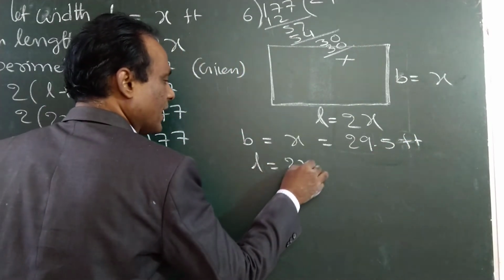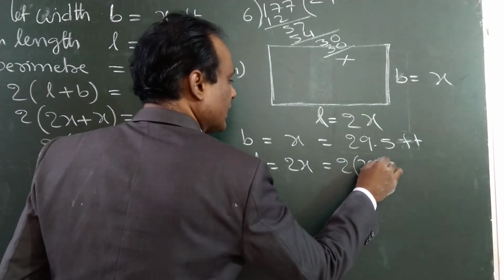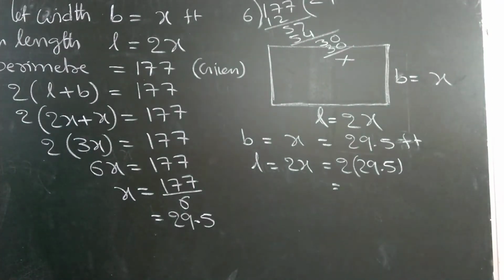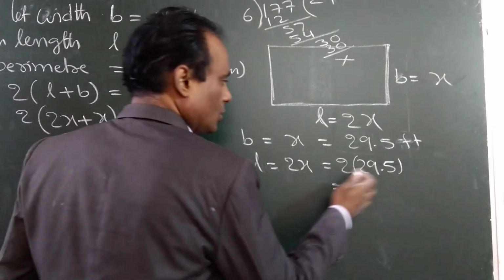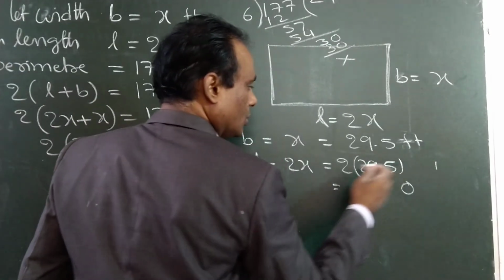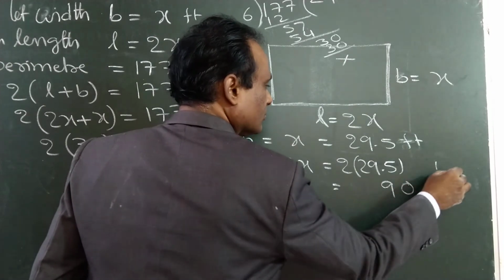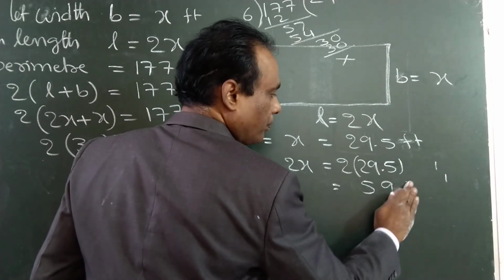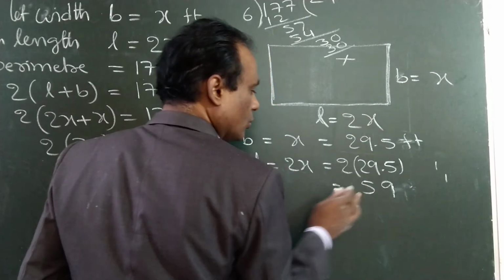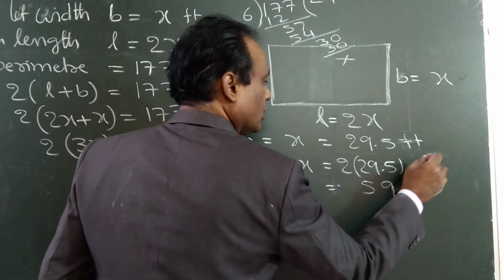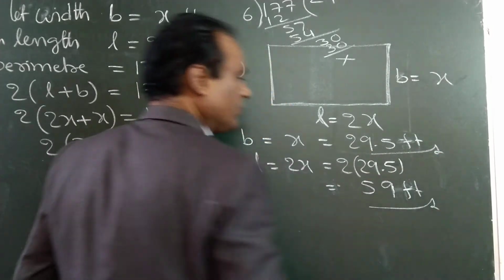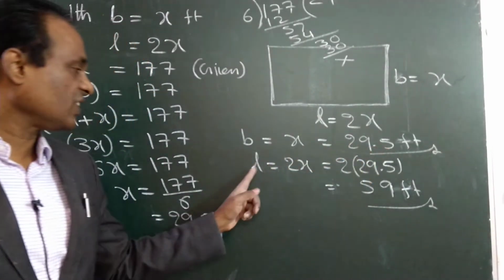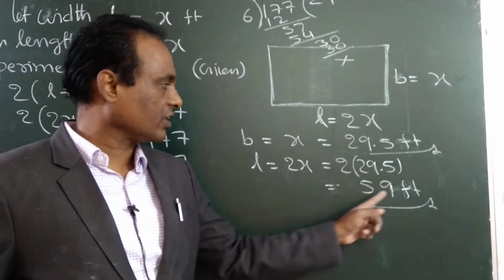What is the length? 2x. 2 into 29.5, multiply. 2 fives are 10. 2 nines are 18, 19. 2 fours are 8 plus 1, 9. After the decimal there is no value, so the last zero is dropped. So the length is 59 feet. Breadth x is 29.5 feet, length is 2x, 2 into 29.5, that is 59 feet.